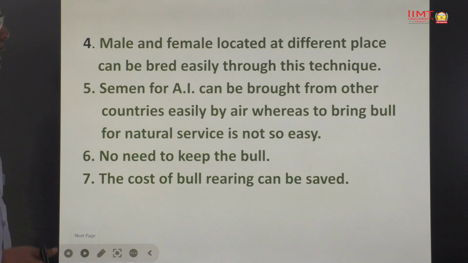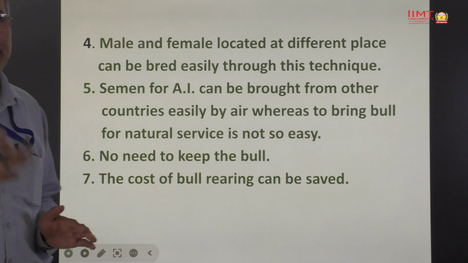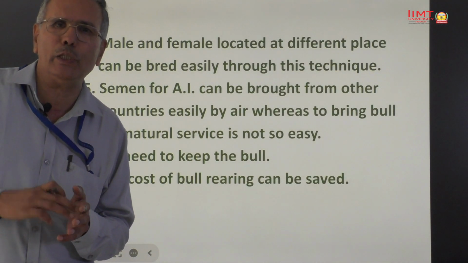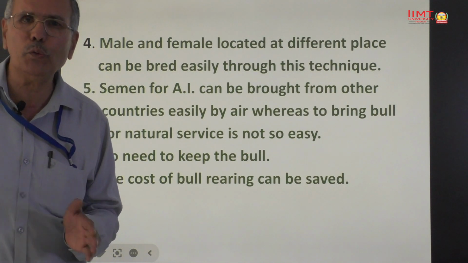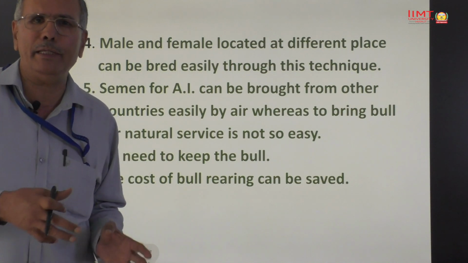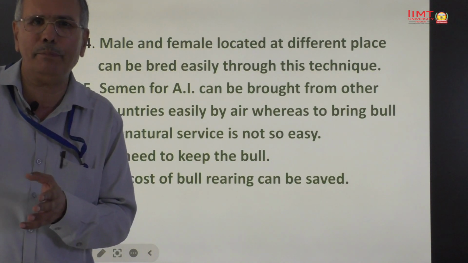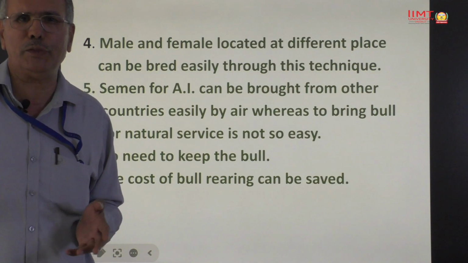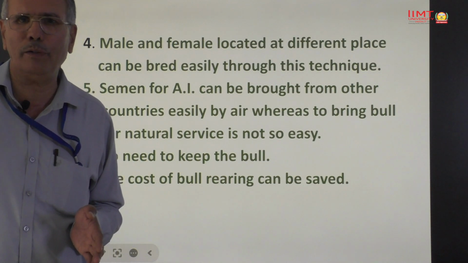The male and female located at different places can be bred easily through this technique. Suppose a good quality male is located at a faraway place and we want to inseminate our female animal with the semen of that bull, then semen of that bull can be brought easily by vehicle or by any transport, and we can inseminate our cow with the semen of that bull.